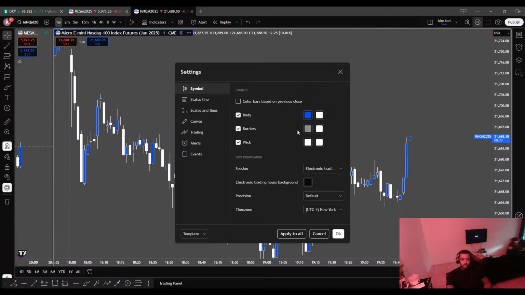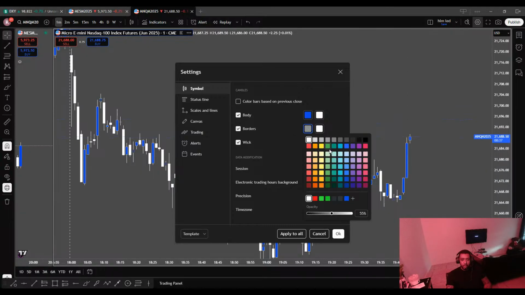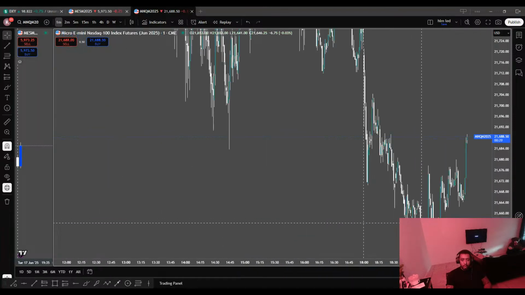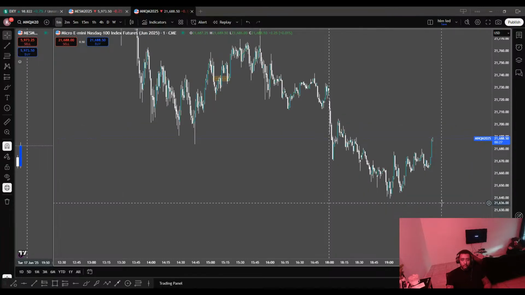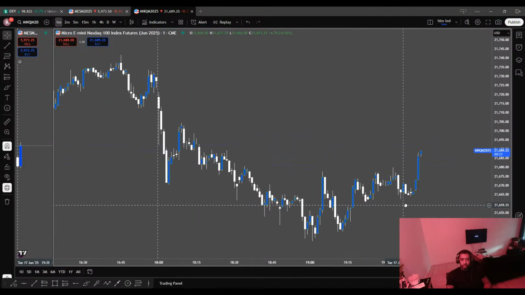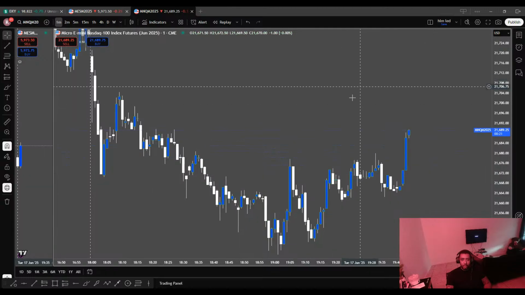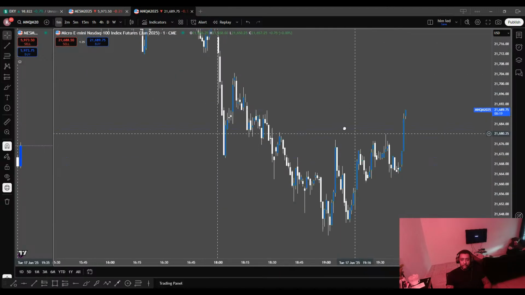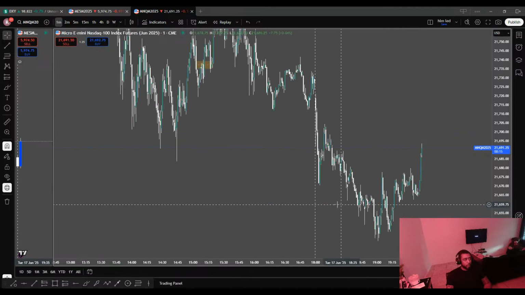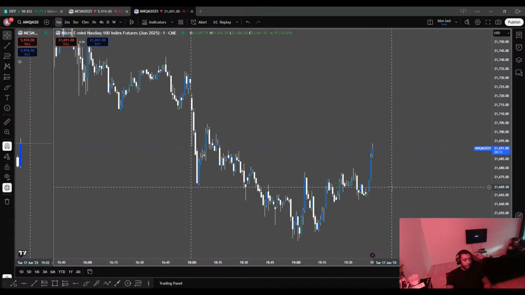That's why I put this to be green. This is how I kind of had it before with my chart colors, but the canvas, which is gray right now, used to be black. So we gained a nice displacement off of the sweep back to the upside.